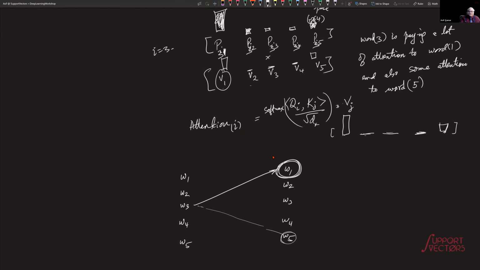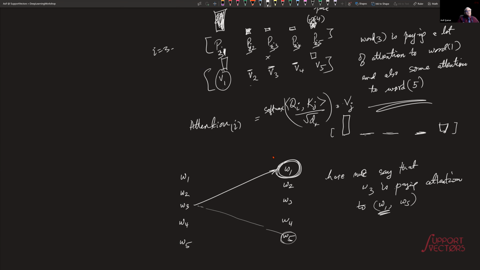And to other ones, it's paying close to zero attention, right? That's the meaning. So here we say that W3 is paying a lot of attention to W1 and W5 in that order: a lot of attention to W1 and a bit less attention to W5, right?